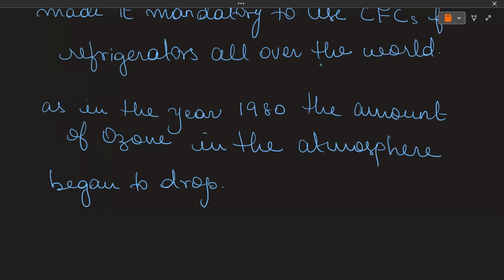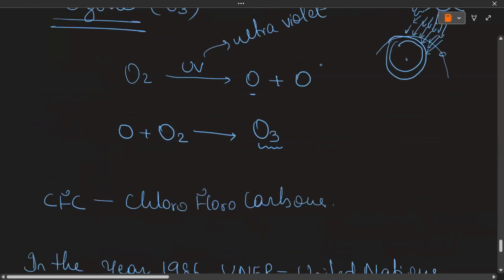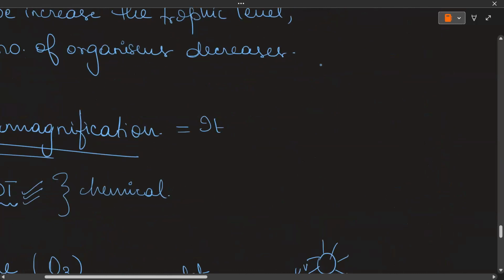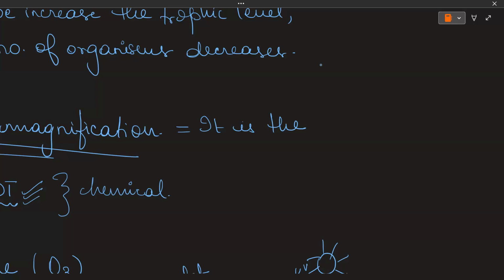Yes, ma'am. Now you write down, biomagnification. Ma'am, can I copy the ozone? Wait, just give me one second. I'll complete the biomagnification and then you can note down everything.